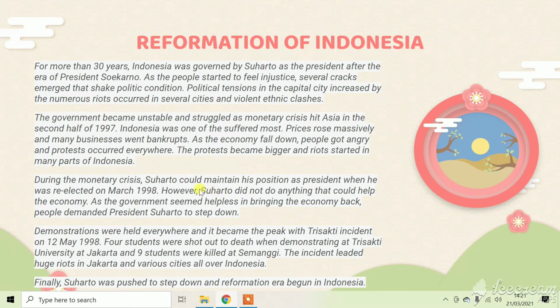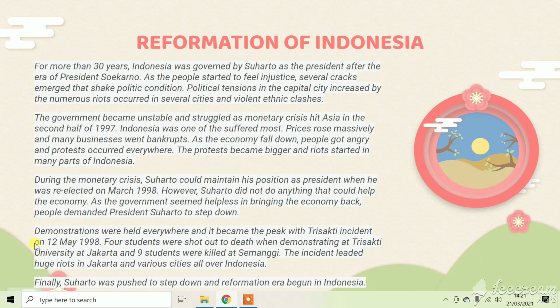And then don't forget to use a comma like this, however, comma, and then a full stop like this. However, here is the example of conjunction, like we have talked about just now. Conjunction is to relate, to connect from one sentence to the other sentence, from one phrase to the other phrase, like here, however, and but, and so on.